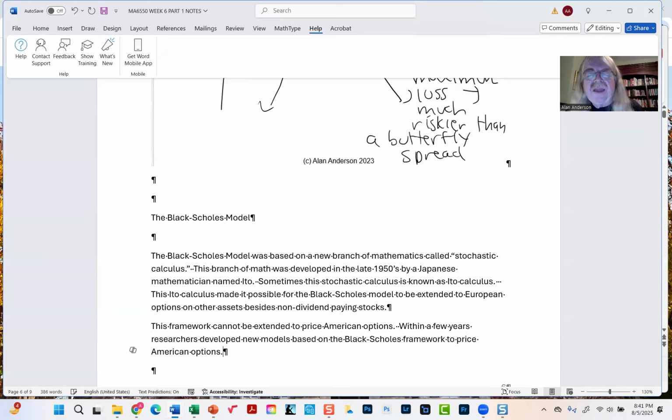That took a few more years. But once that came about, suddenly it became possible to price almost any option in the marketplace. And that's when option trading really took off in the United States. Prior to that, there were a small number of transactions each year, but it was very, very minimal.